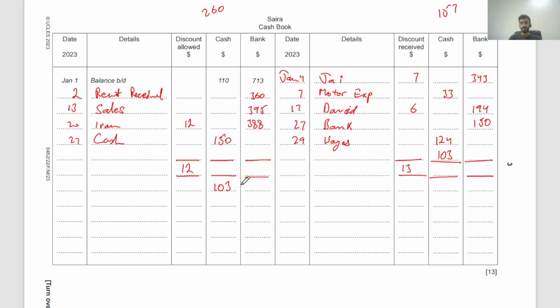Let's add up all the debits. 713 plus 360 plus 395 plus 388. That's 1856. And on the credit side is 343 plus 194 plus 150, 687. All right. Let's take the balance. It's on the debit side, so 1856 minus 687, 1169.